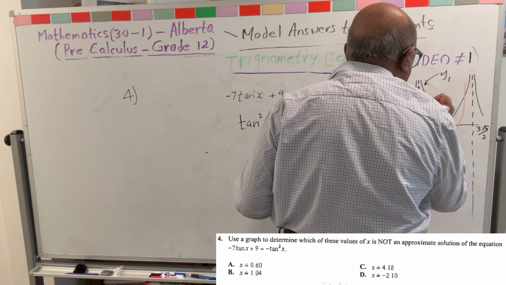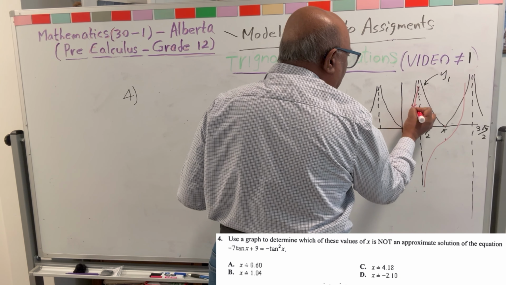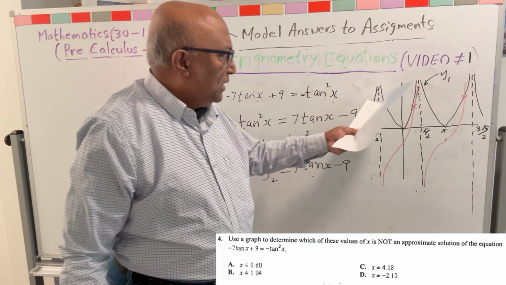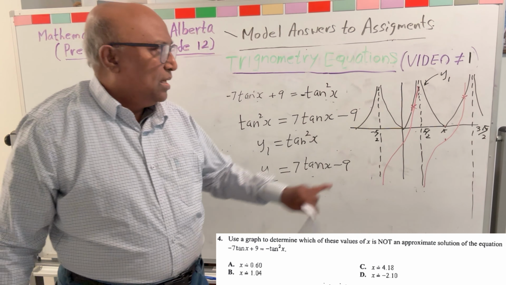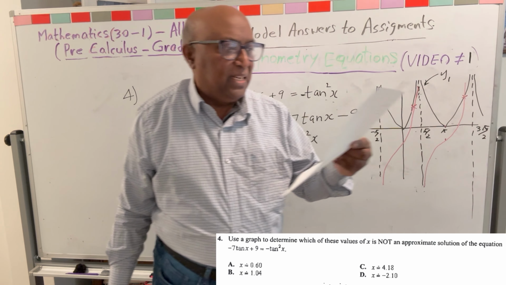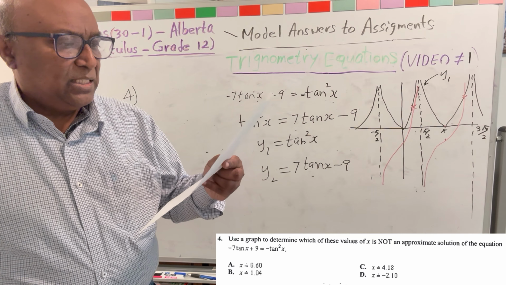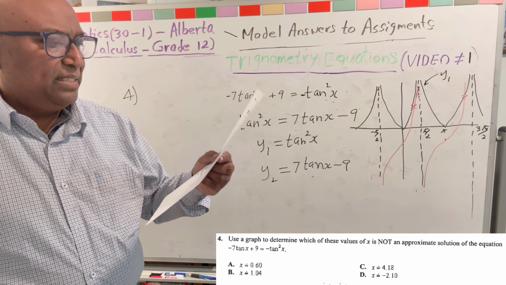This should be approximately like this, okay? Now you have to read this point of intersection. Plot these two graphs and read the coordinates of the point of intersection. Then you should get these three values.